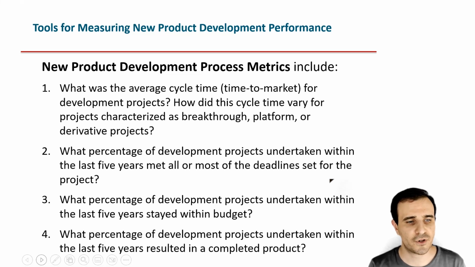These are the 4 questions on the cycle time, percentage of development projects undertaken in the past years, percentage of development projects that comply with the budget, percentage of development projects that led to a completed product.